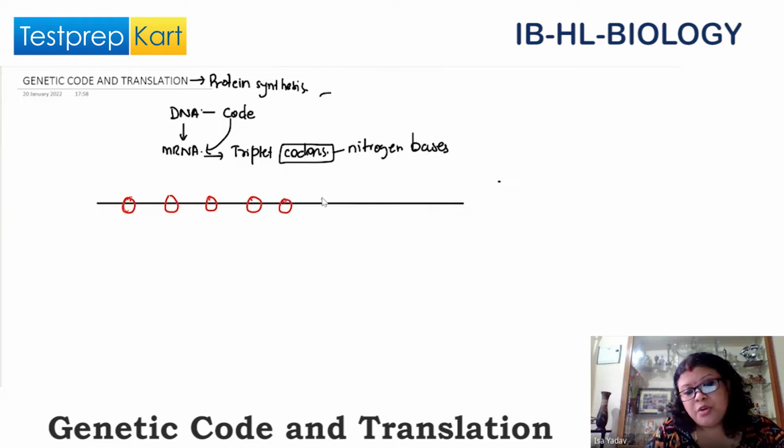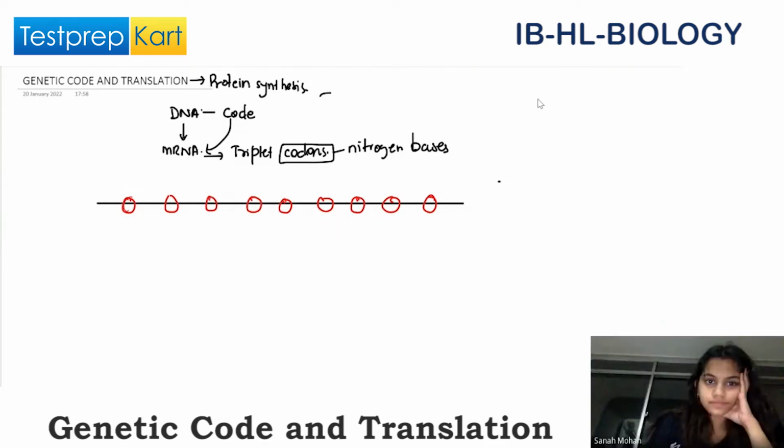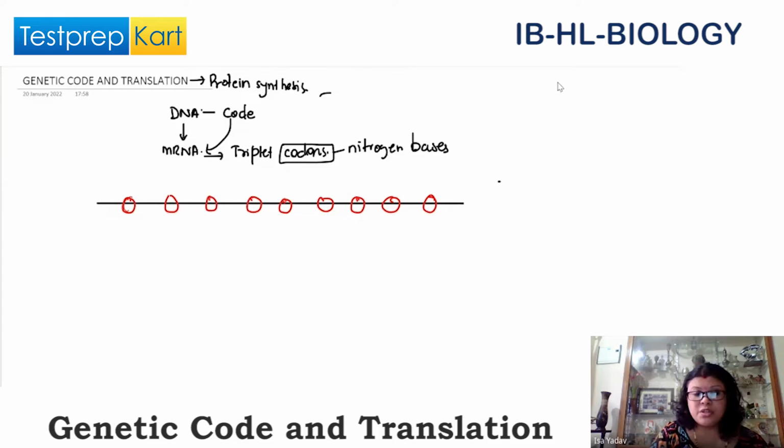So this is a particular type of protein, and the sequence of the amino acids is also different. You know that we have 20 amino acids, and those 20 amino acids are shuffled in different ways to form the different types of proteins. So genetic code tells us what will be the sequence of a protein.